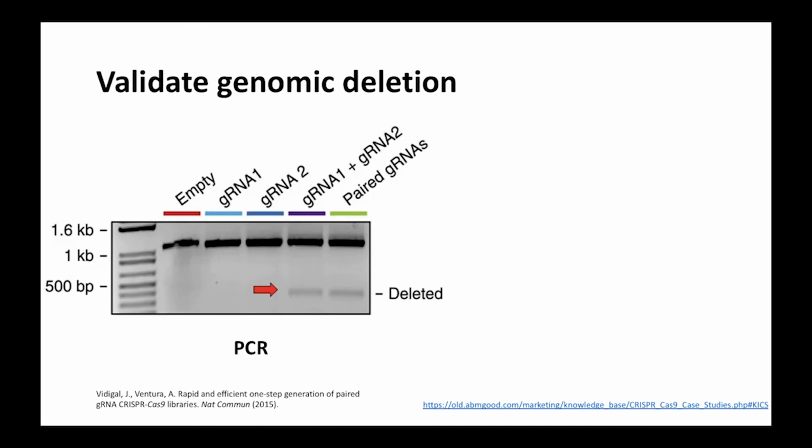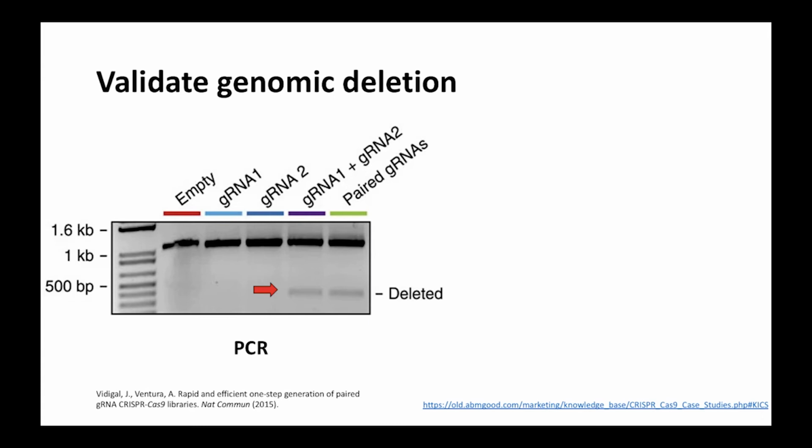Now, the surveyor assay is great to confirm that something has been edited. But next you want to confirm that you're actually editing out the gene of interest. So to do this, another simple PCR reaction is performed. What you can do is have PCR primers that will amplify the region that you're trying to get rid of.